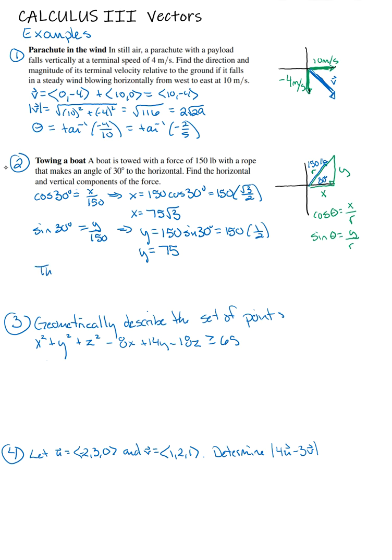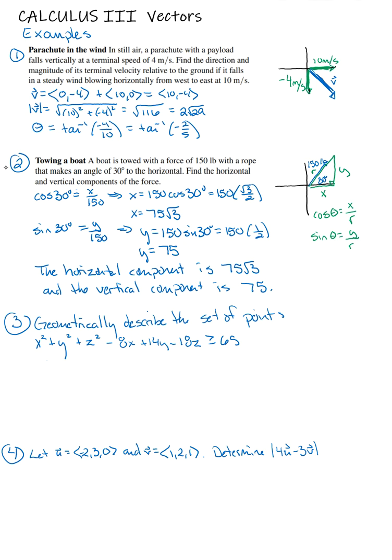Therefore, the horizontal component of our force is 75 square root of 3. And the vertical component is 75.